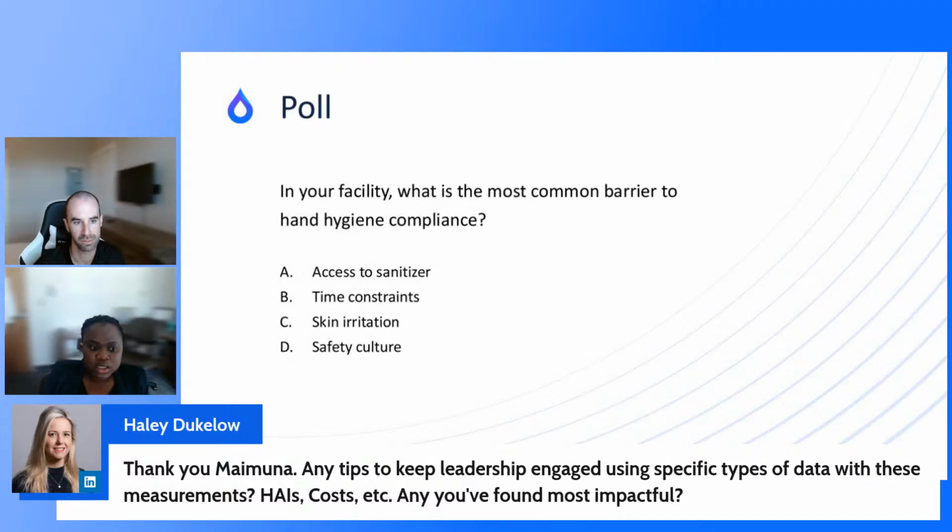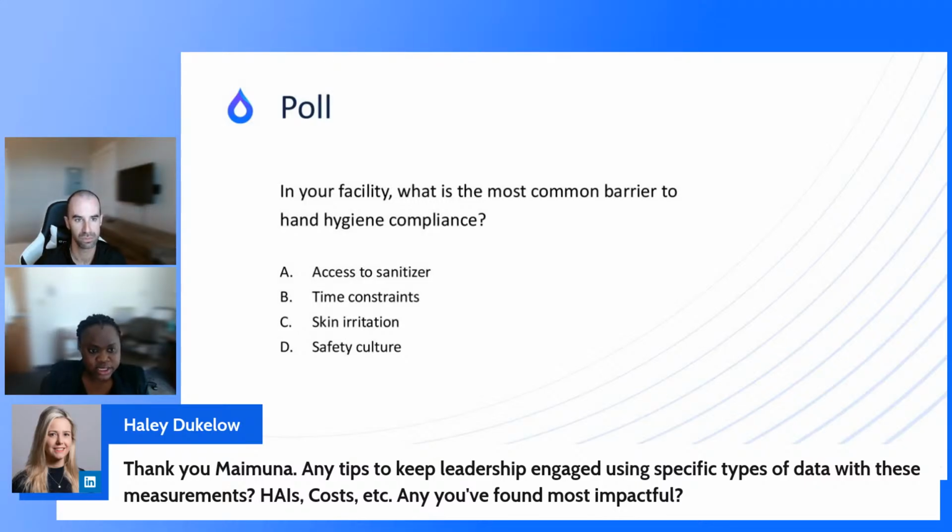So it depends on the level of leadership. I try to tailor my message to leadership based on where they are on that hierarchy. For some leaders, it may be the cost that matters to them the most. So I try to tailor the message around the cost and what improved hand hygiene compliance could do from a cost perspective. For other leaders, it may be reputation.